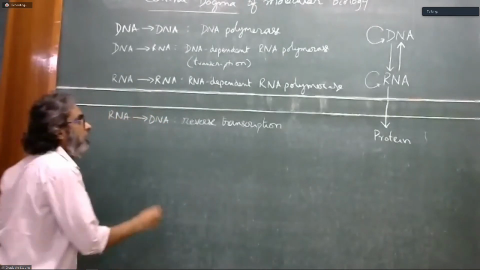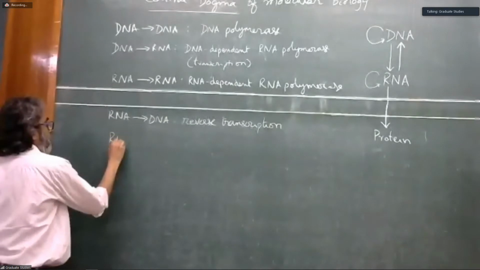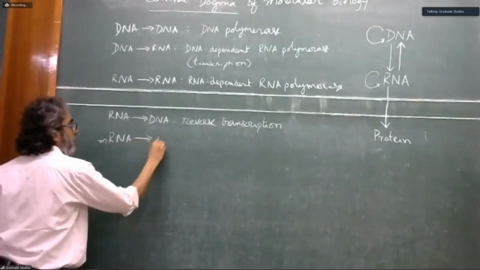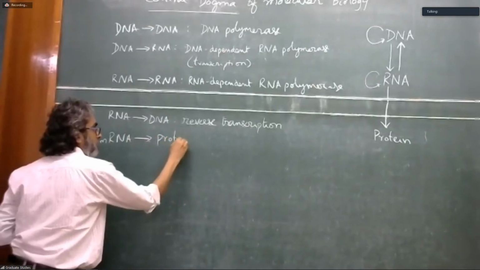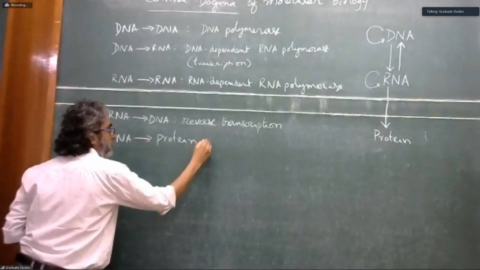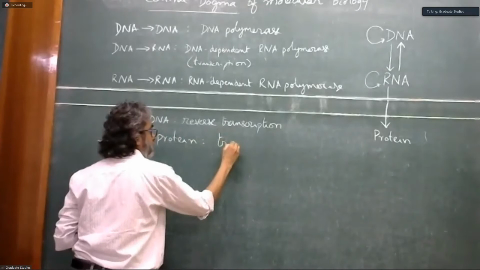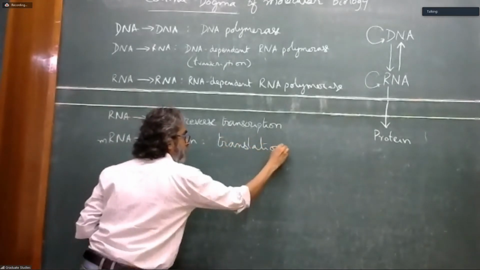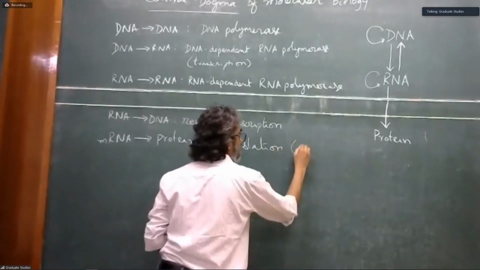Then RNA to protein, which we call translation, occurs on the ribosomes.